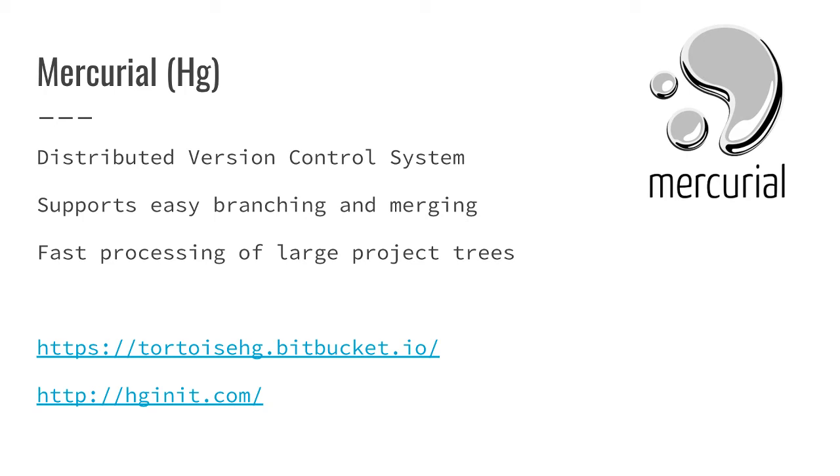And they're really good at dealing with large projects. So here are a couple of links to some software that you should check out, and hginit.com has some further introductory material about how to use Mercurial and how to understand what it's doing.